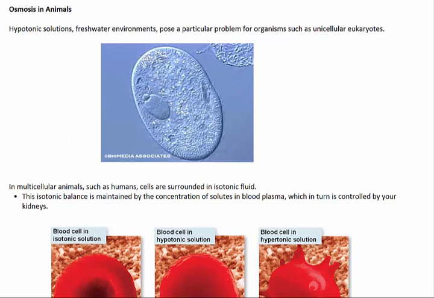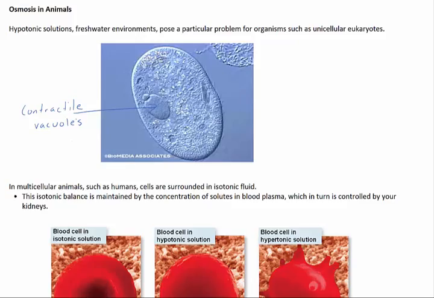Organisms have therefore devised a series of ways of preventing this, such as amoebas, which are unicellular organisms that live in fresh water. Amoebas are able to remove excess water by forming little pools of water in organelles called contractile vacuoles. And when these vacuoles stretch to a certain point, they contract and expel the water out of the amoeba.